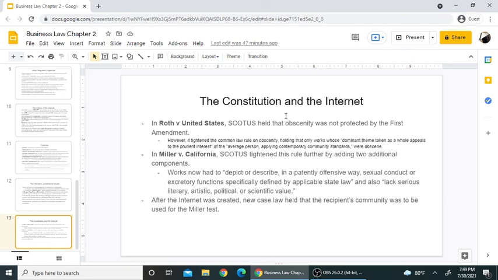That means that if a company is doing business over the internet, then something that's obscene, say in Florida, might not be obscene in Idaho or Oregon or whatever it may be. So that's another consideration that businesses have to keep in mind.